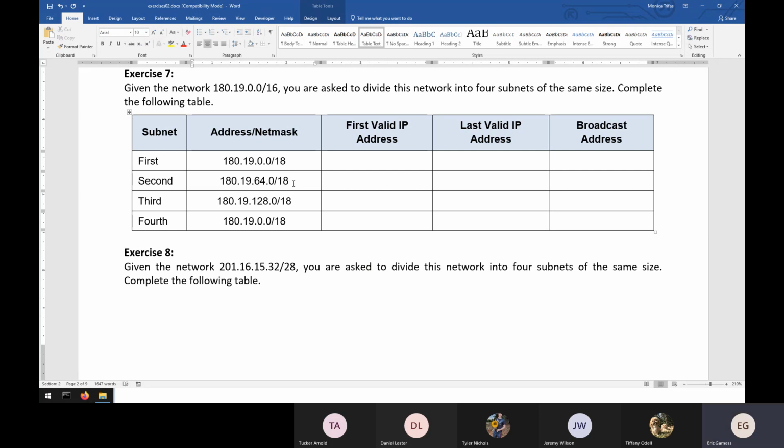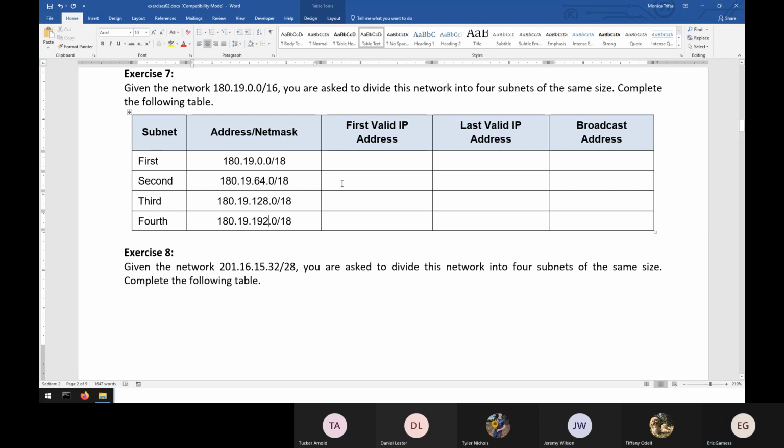And 128 plus 64 is 192. We go by step of 64 in the third byte. With this, magically, without putting any binary number, we get all the subnets. We have 4 subnets.